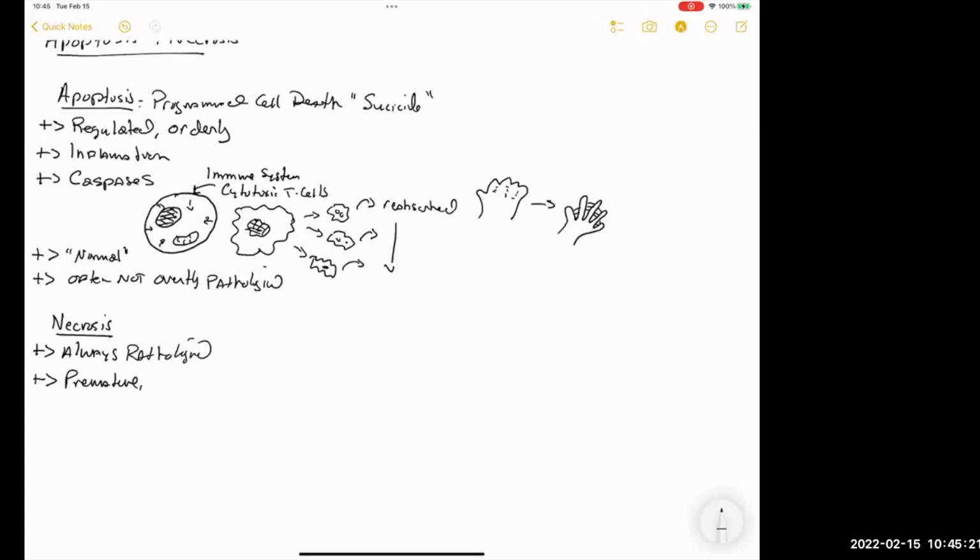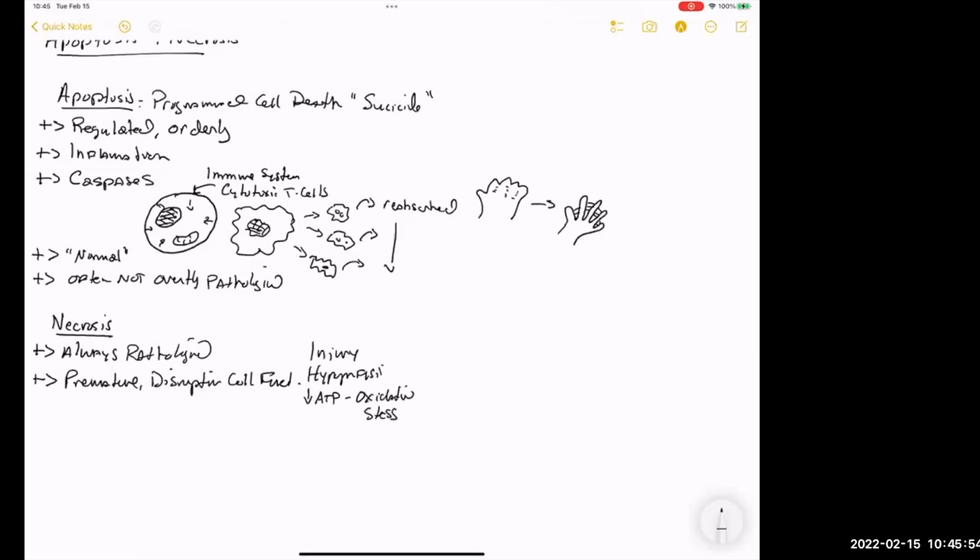The cell did not anticipate this, and it is due to disruption of cell function. Oftentimes, it is due to injury, hypoperfusion, right? And then you have a decrease in ATP production, and you have oxidative stress.